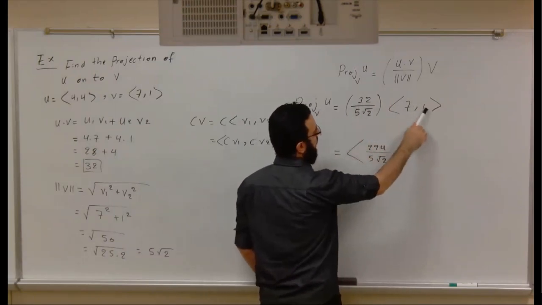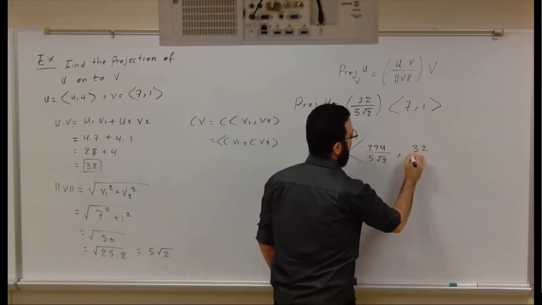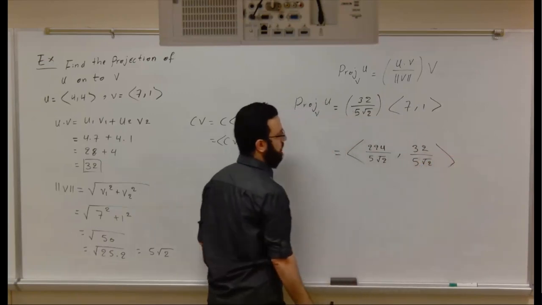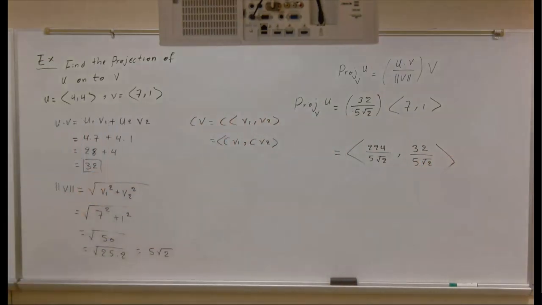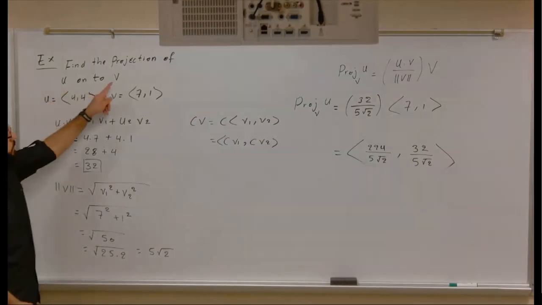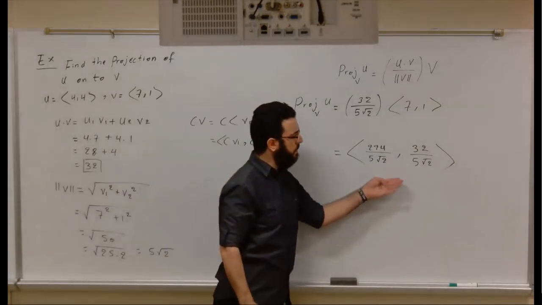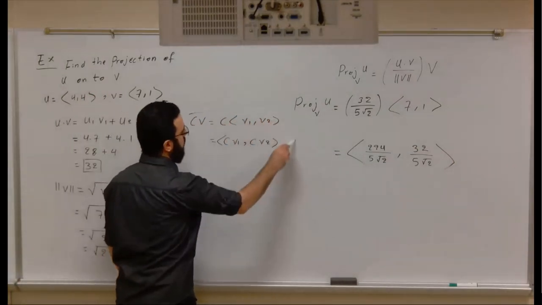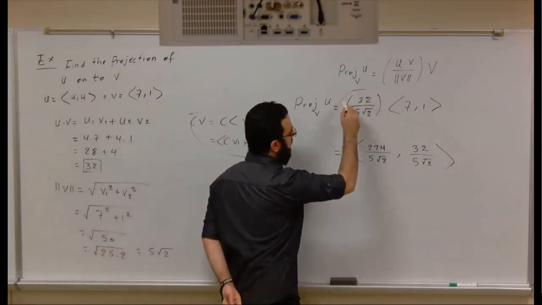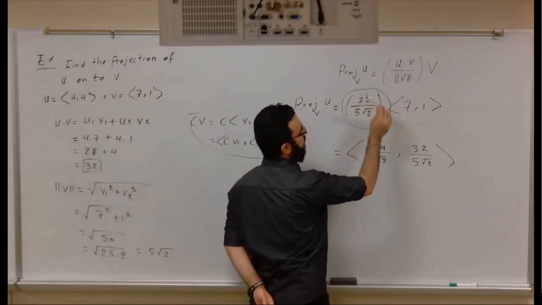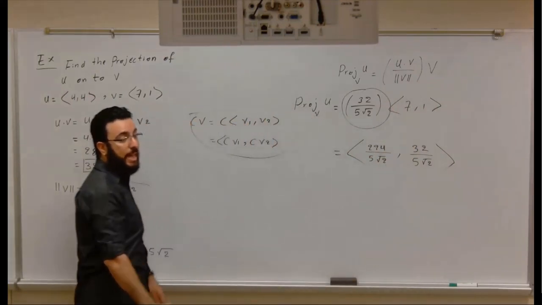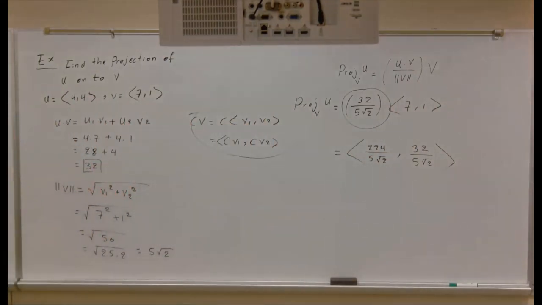And 32 times 1 is 32 over 5 square root of 2. So that's it, this is the projection of U onto V. Be careful here: everything here is just a number, and we distribute the number to the vector. So the result for the projection is a vector. The result of the dot product is what? A number.